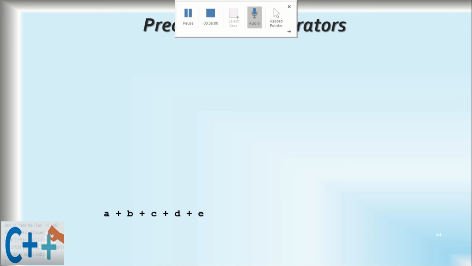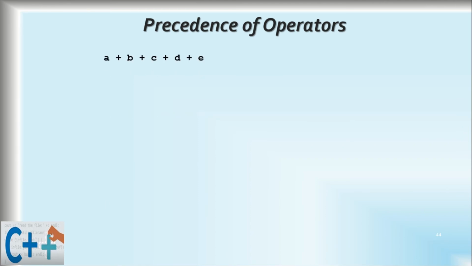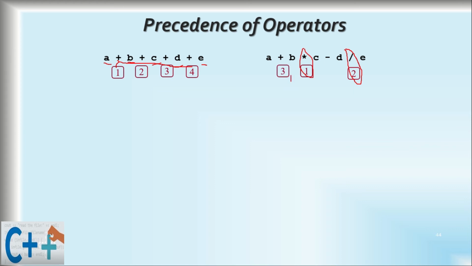Good. The precedence of operators, as you see in the previous slide, you see an example. For example, a + b + c + d + e. Which operator takes place first? You can go left to right without giving precedence, because they have the same precedence. For example, for this, which operator is given first? The first one is the multiplication operator, then the second one the division operator, then the third is the addition operator, and the fourth and last one is this division operator.